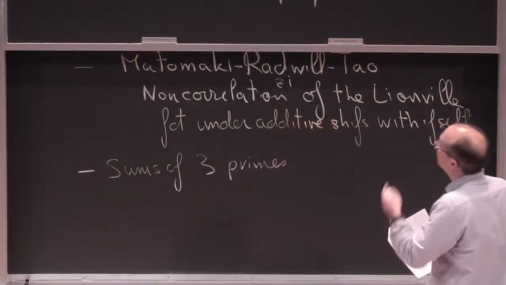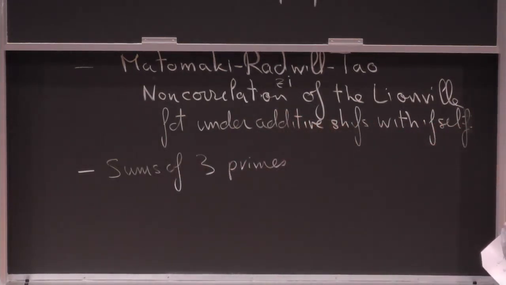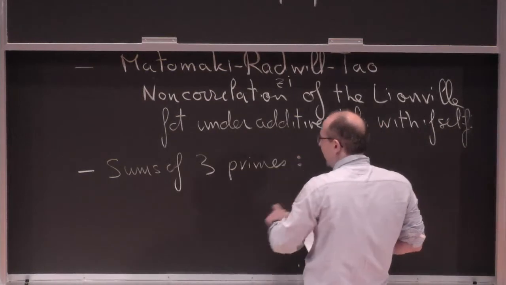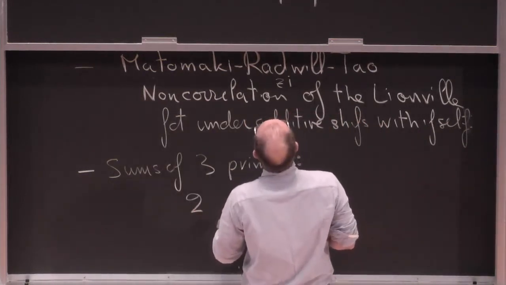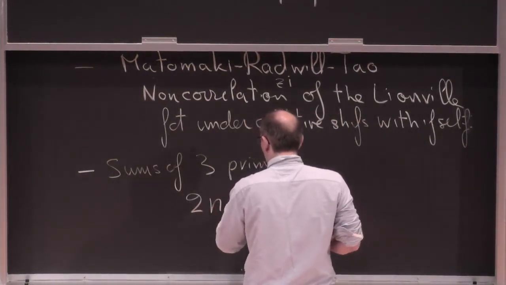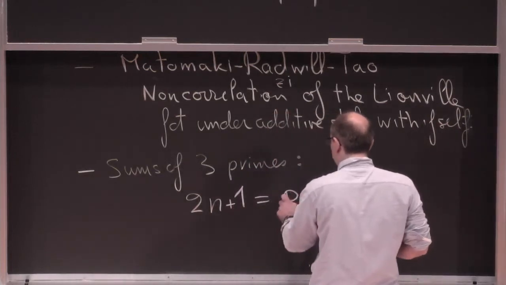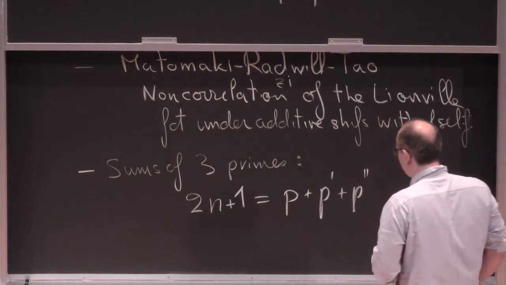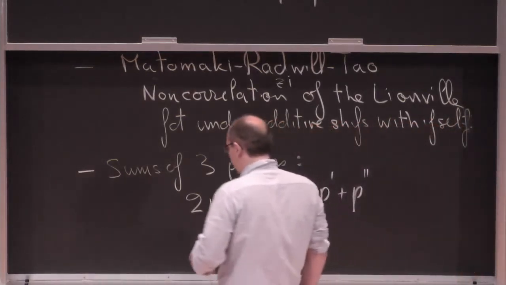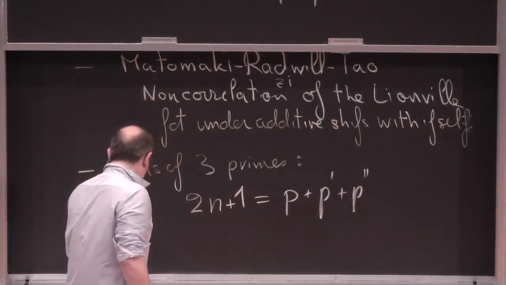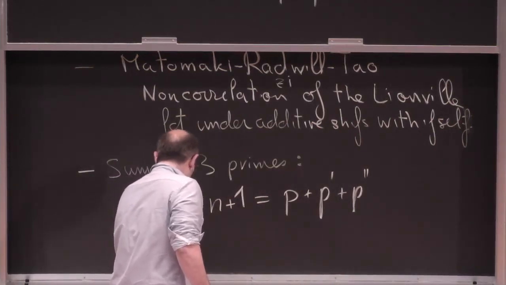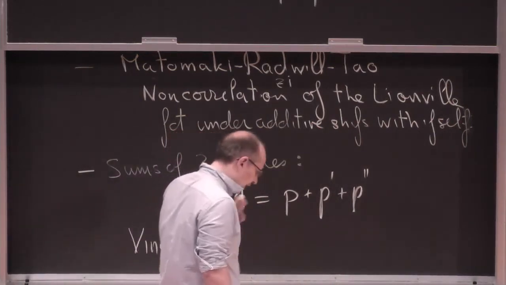This is a slight weakening of the Goldbach problem: any sufficiently large odd integer can be written as the sum of three primes. This statement with "sufficiently large" is due to Vinogradov, and it's a classical result.